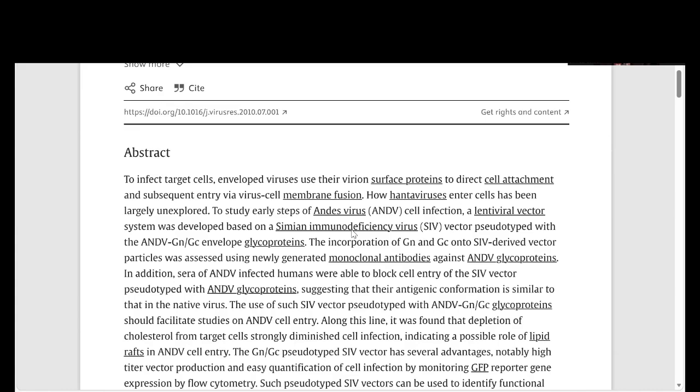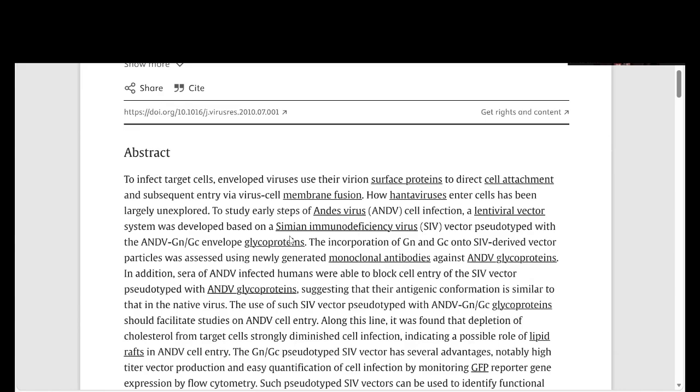And you can do that by infecting a cell with SIV native and have either a vector system that's incorporating the gene expression of GNGC, or through a plasmid, and through a random recombination over time, it will combine.